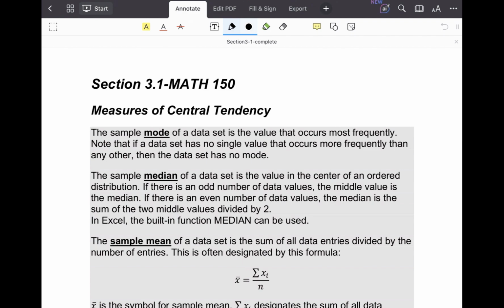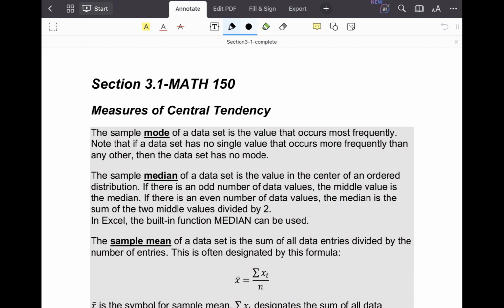The first one is the mode, and it's the most frequent data point. And one thing to note is that if one single data point isn't more frequent than any other, then the data set has no mode.